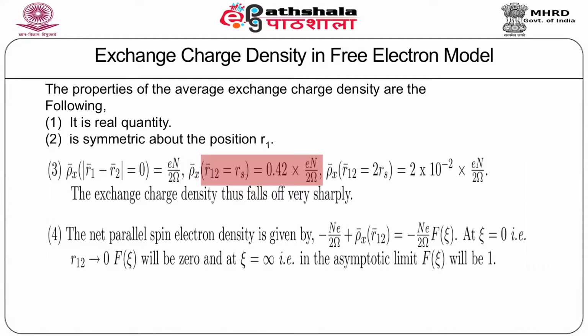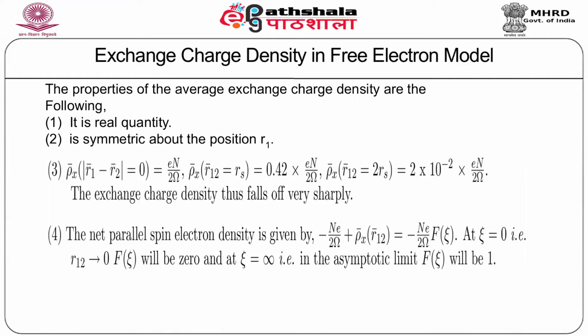If we have this R12, which is R1 minus R2, at a value of rs, this is already 0.42 times Ne divided by 2 omega. If we make this distance 2 times rs, this is 2 into 10 to the power minus 2 times Ne divided by 2 omega. The exchange charge density, as you can see, thus falls off very, very sharply.